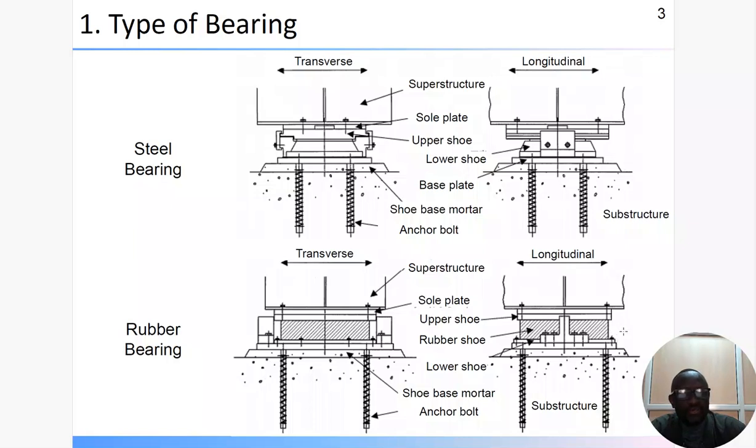You can see there's no locking device on the sides. So in the transverse direction it cannot move, but in the longitudinal it moves. That means in the event of temperature change, earthquake, braking, or other effects, the bearing allows movement, but not beyond about 25 or 20 millimetres, depending. That one you can read.